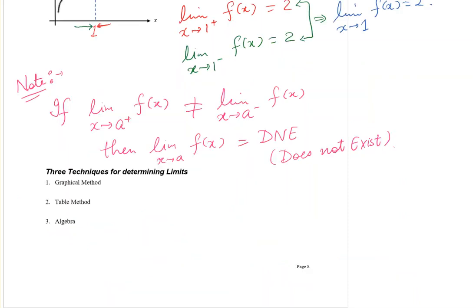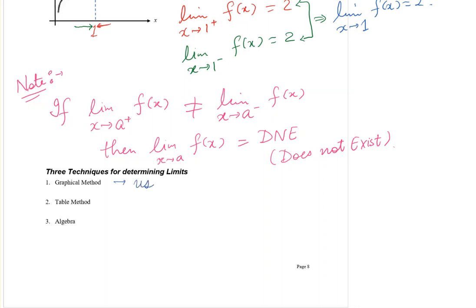Now, there are of course different methods of finding limits. We're going to discuss three methods: the graphical method, the table method, and the algebraic method. The graphical method is good for visualization, but not practical.